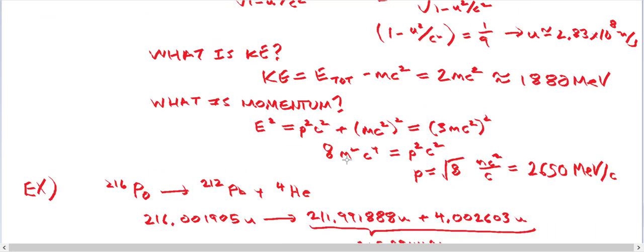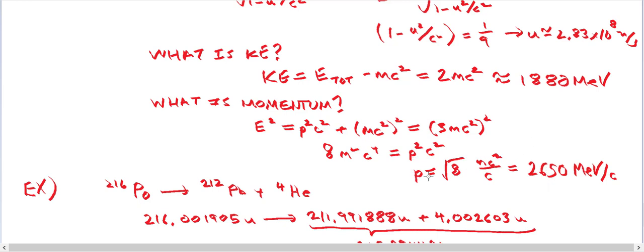and that needs to equal p squared c squared. And so you could divide by c squared, and you have that 8 m squared c squared is equal to p squared. So p is going to be root 8 times mc squared over c. Hopefully in all of those c's I didn't drop a c somewhere.